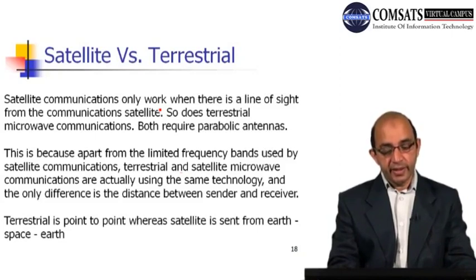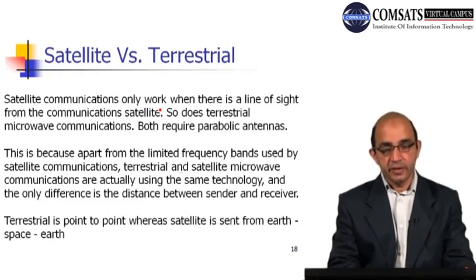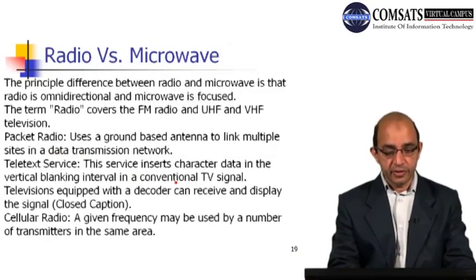And for satellite, we transmit from Earth, then the signal reaches the satellite that is in space, and then the satellite repeats it via the transponder and transmits it to another antenna, the receiving antenna, onto the Earth. So the path becomes Earth, space, Earth. That is one of the main differences between satellite and terrestrial communication.